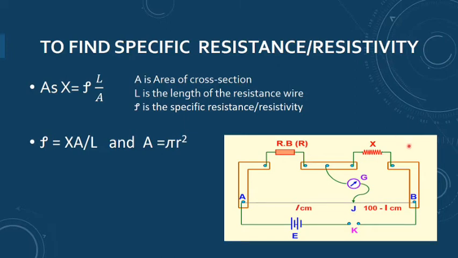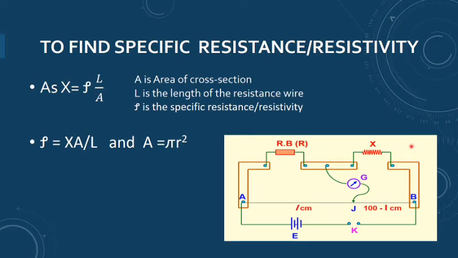Then you will find the values experimentally, you will find the values theoretically, and you will check whether you are getting the same results or not. That is to be verified whenever we do the law verification for series and parallel combination.